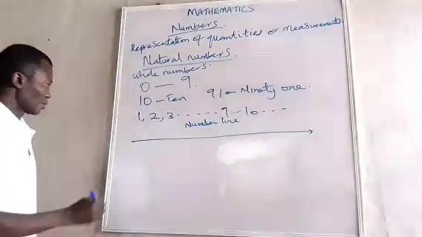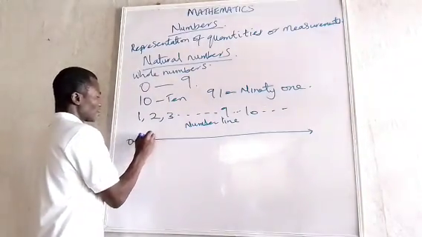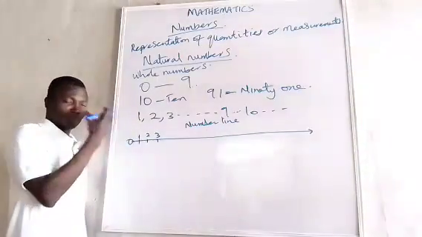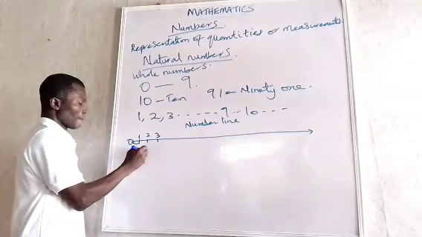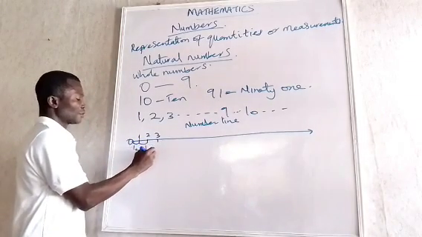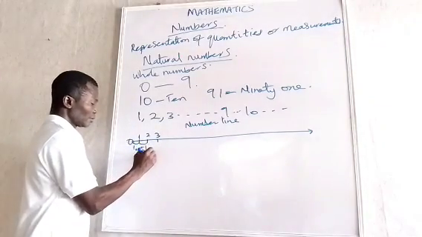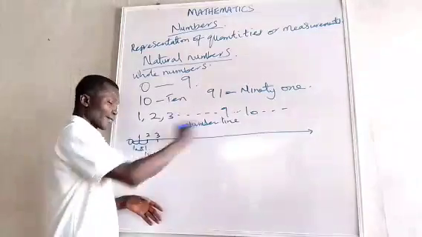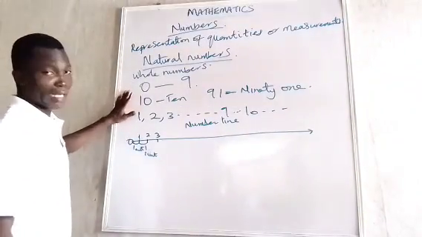And how does that work? If this one starts from 0, you can have 1 here, 2 here, 3 here, and it goes like that. From this place to this place, we have 1 unit. From this place to this place, you have 2 units, and so on. It increases continuously like that. That is the main thing you know about natural numbers.